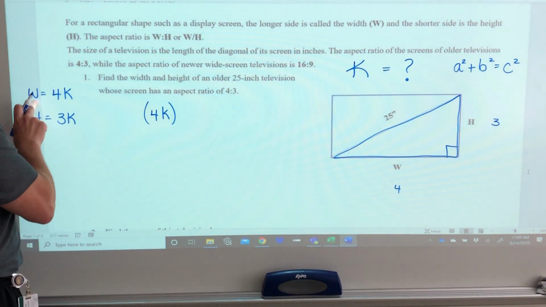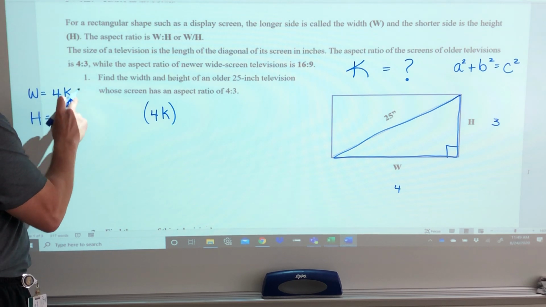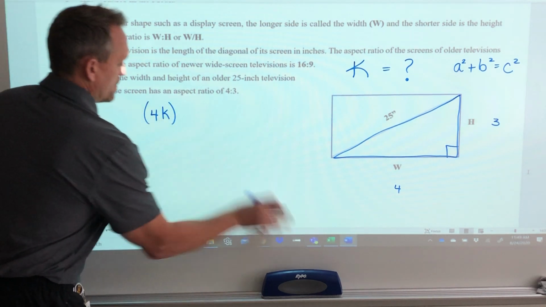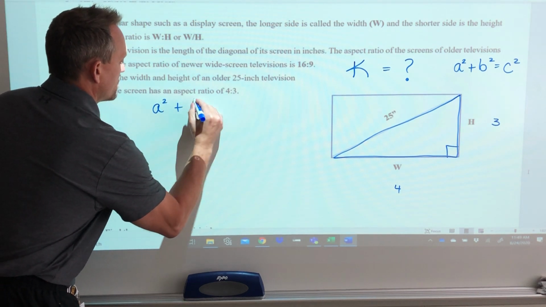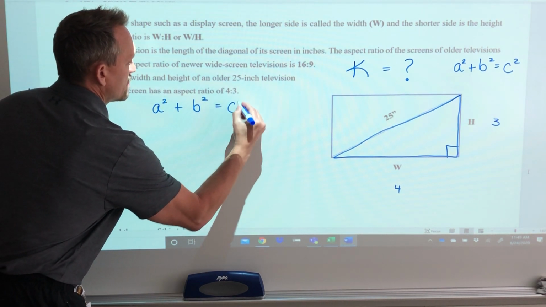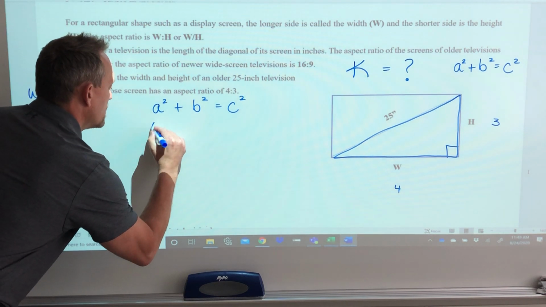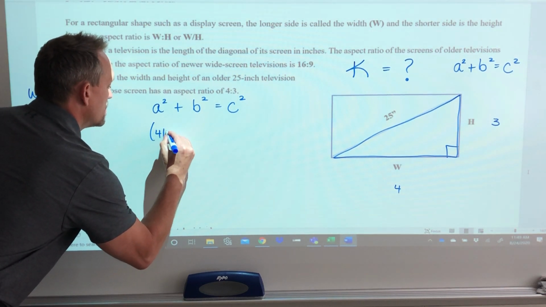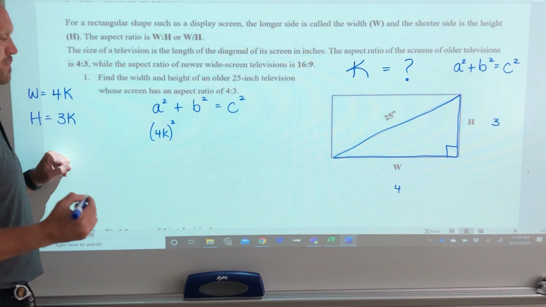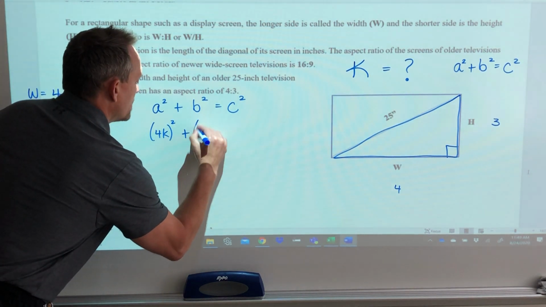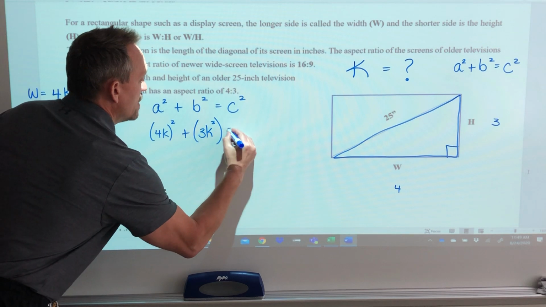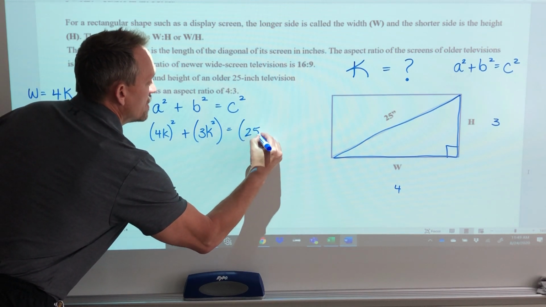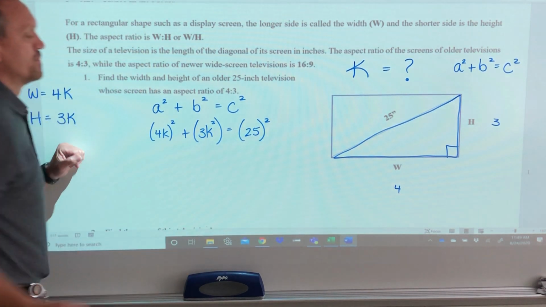So we'll say W is 4K, so (4K) squared plus (3K) squared equals the diagonal squared.